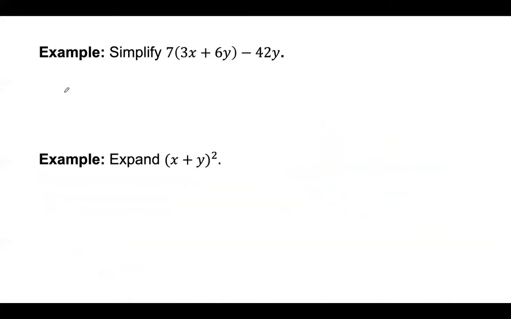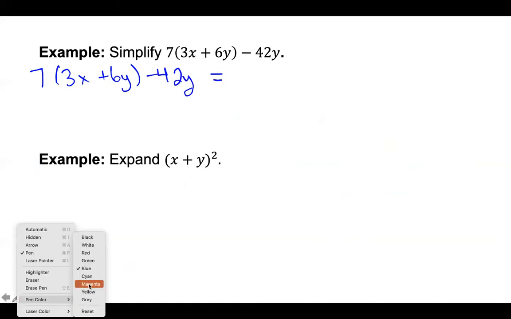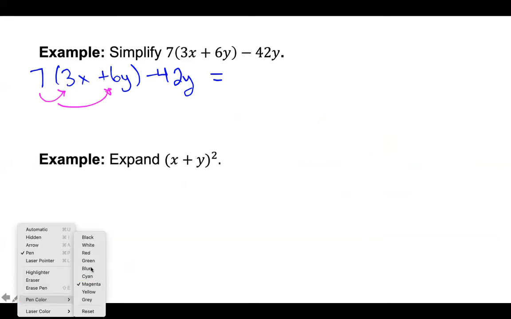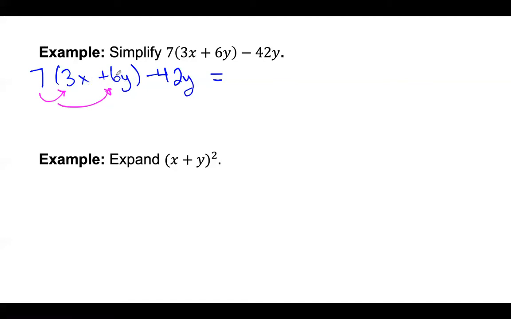Now let's say we want to simplify this. What is the first thing that we do? So let's rewrite it. Well, we want to distribute the 7 into the brackets. So essentially, by doing this, we're multiplying 7 times 3x, and then we go to the next term, plus 7 times 6y.